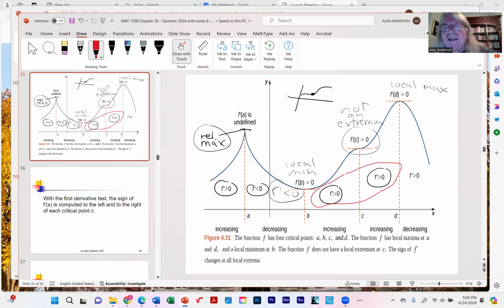Why is it the case that this is not an extremum? Because the first derivative is positive on either side of it. That's the key to the whole thing. It doesn't change. So in this first case, it went from negative to positive, making it a maximum, negative to positive, minimum, zero, positive to positive means not an extremum.